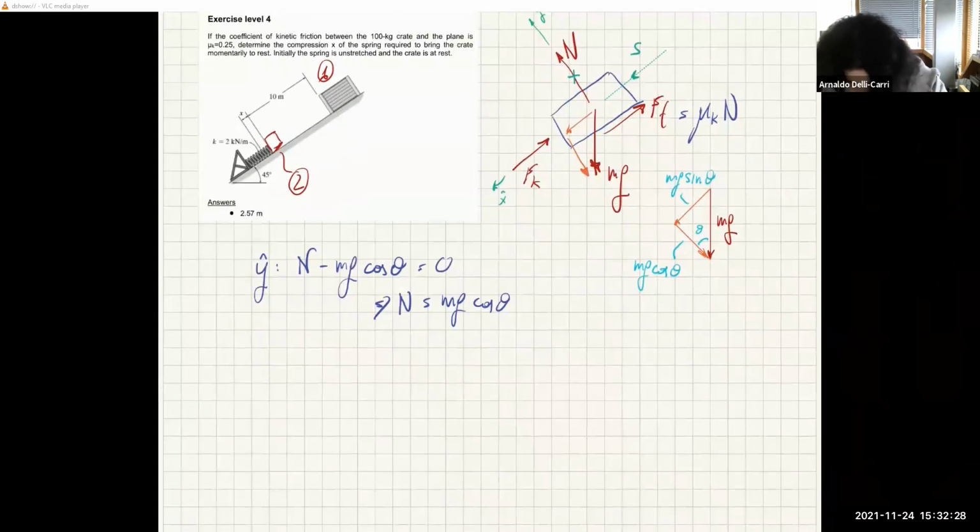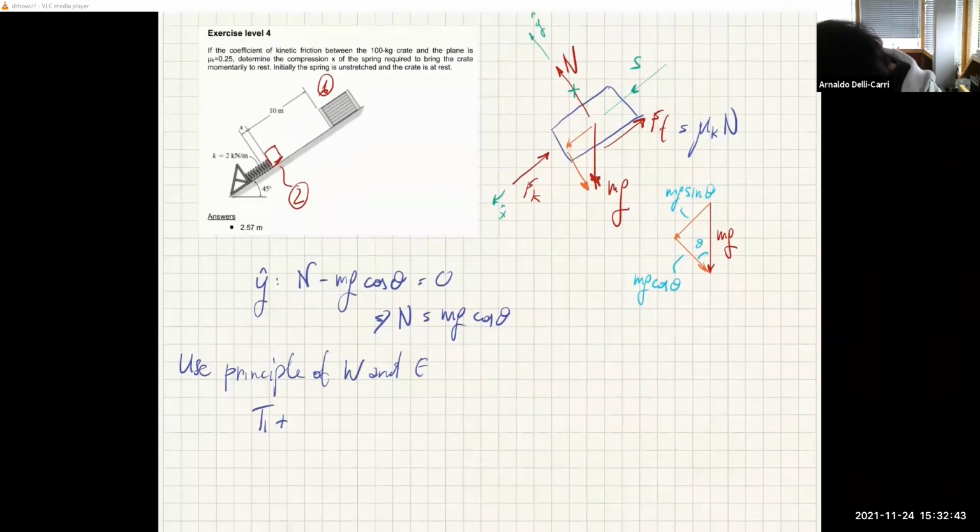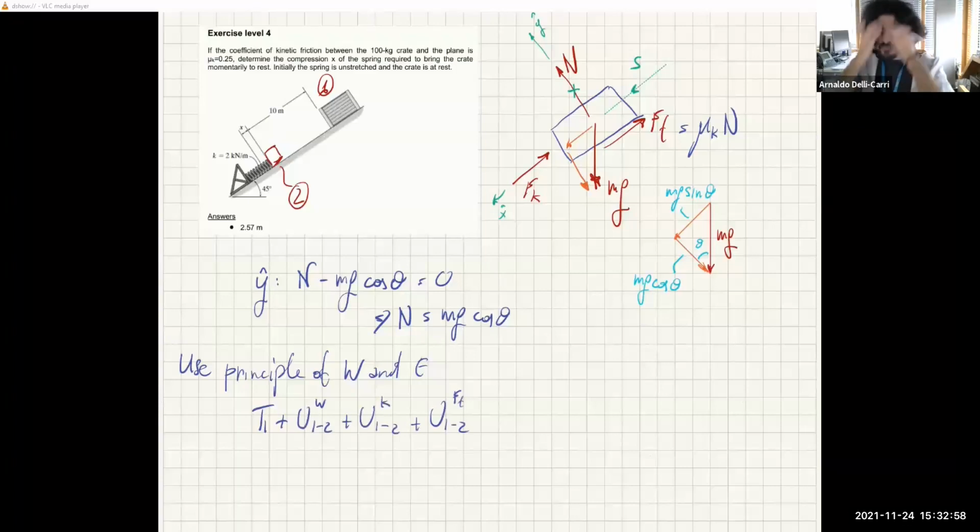And so now we can go and use the principle of work energy. So we have T1 plus, let's see how many forces are working. This one is working, this one is working, this one is working. So U12 of the weight plus U12 of the spring plus U12 of the friction equals T2 final.